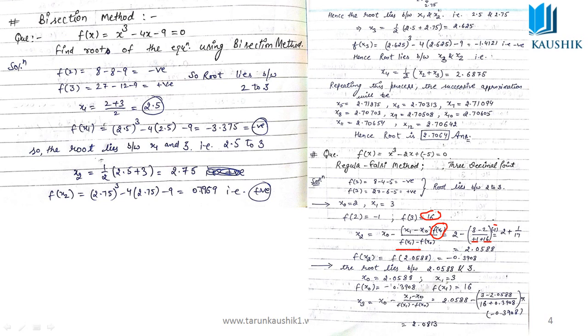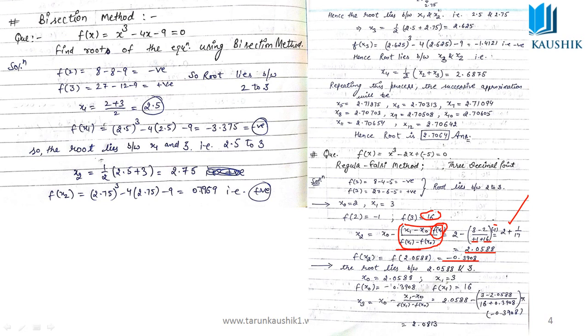This is not complete. This is with this function. x naught is with this function. Okay. So when you do the multiplication, the answer you will get is 2.0588. Okay. So the value of the function at this point you will get is minus 0.3908.